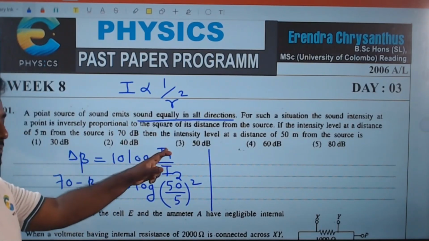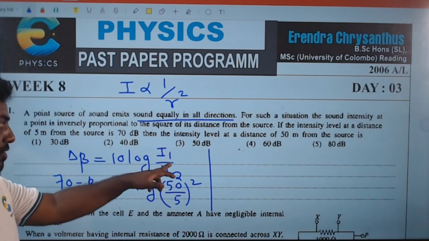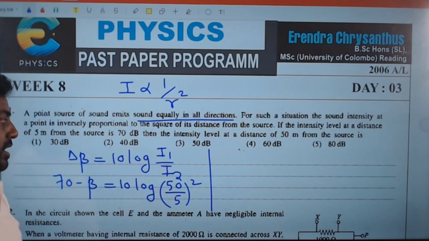Initial is bigger, I1. Final is less. I1 is 1 over 5 squared, I2 is 1 over 50 squared. 50 squared goes on top.